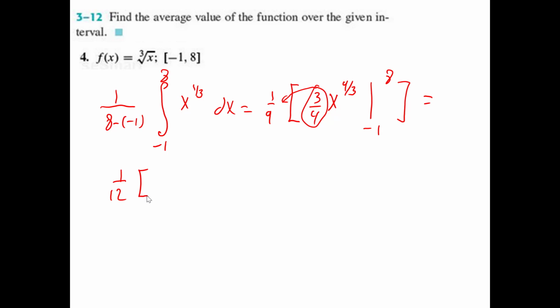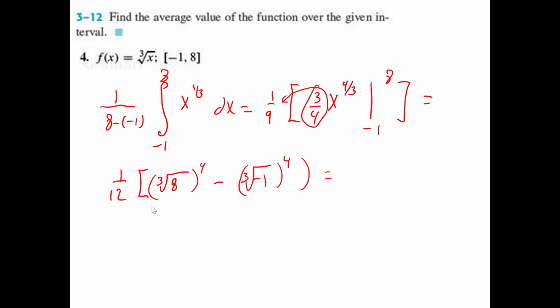And then we have 8 to the 4/3, and what 8 to the 4/3 means is to take the cube root of 8 and raise it to the 4th power. Minus negative 1 to the 4/3, which means the cube root of negative 1 raised to the 4th power. Don't panic because you have a negative under the radical. It's an odd radical, so that's perfectly okay.